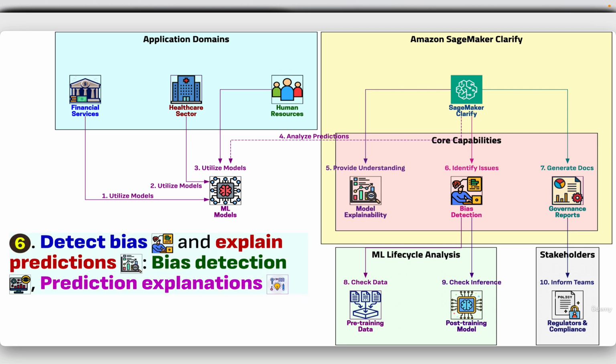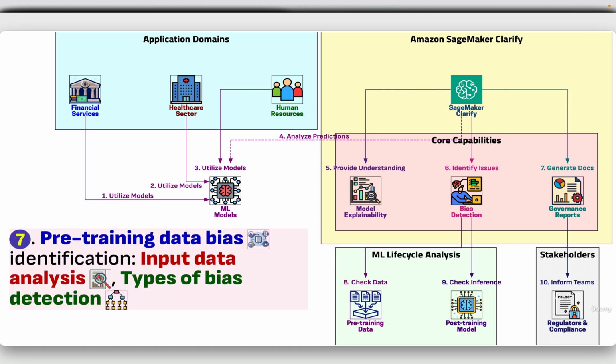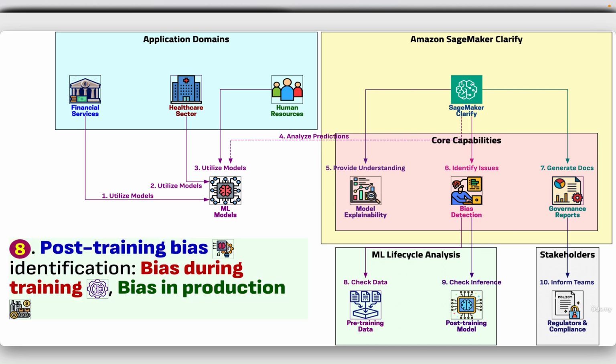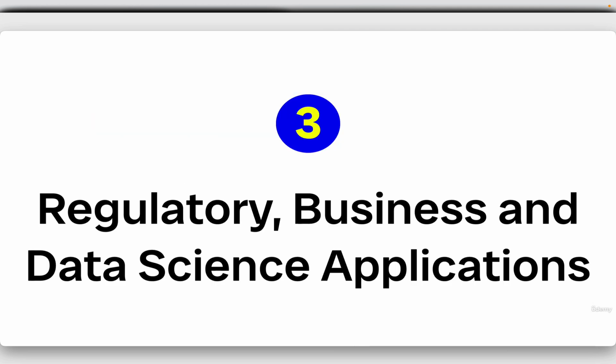Using SageMaker Clarify, you can detect bias in and help explain your model predictions. You can identify types of bias in pre-training data. You can also identify types of bias in post-training data that can emerge during training or when your model is in production.